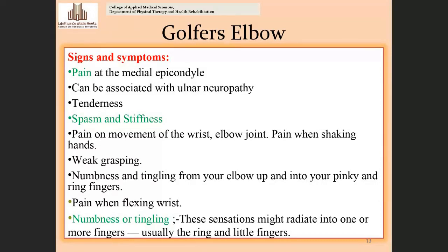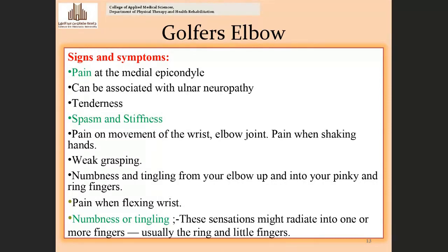Also, on movement of the wrist, whenever the person with golfer's elbow moves the wrist, it produces severe pain, and movement at the elbow also produces excruciating pain. We can also suspect it from pain when shaking hands, and the person may have a weak grasp.